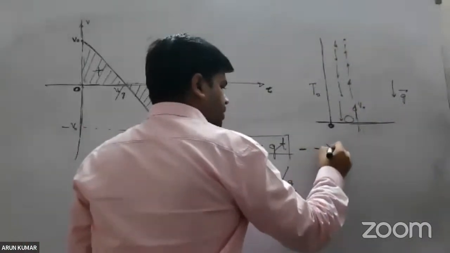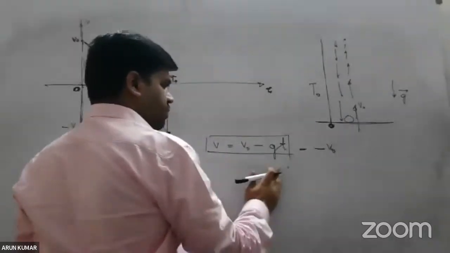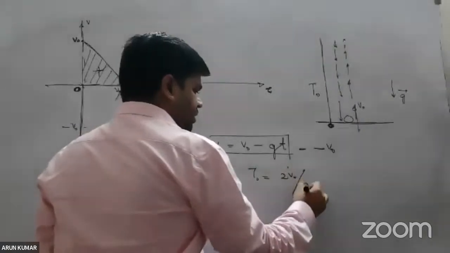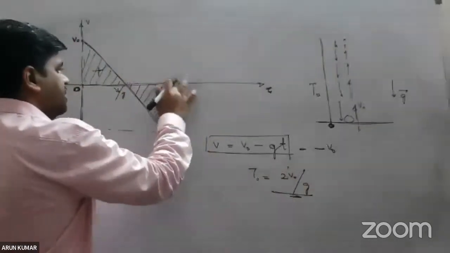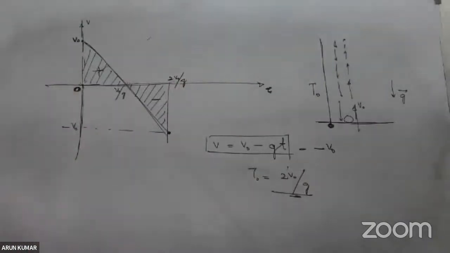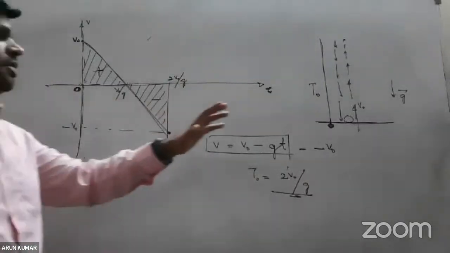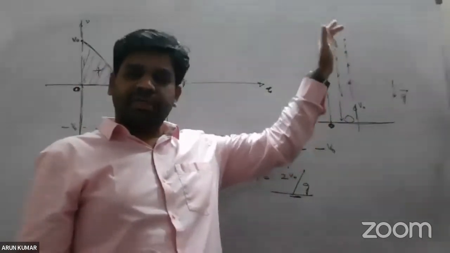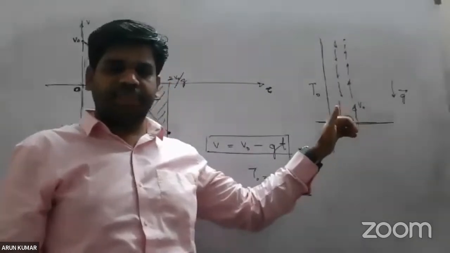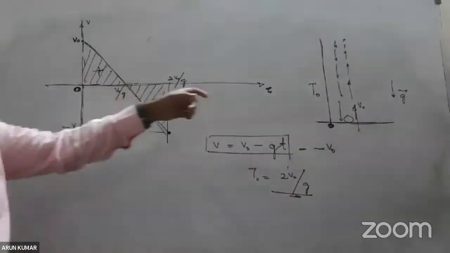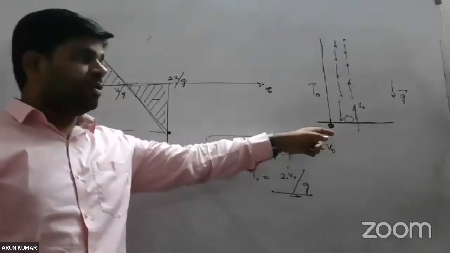I equate this to minus v naught, so t naught is equal to 2 v naught by g. Look at this, the motion is symmetric. It goes up for a time of v naught by g, and down within a time of v naught by g. So at v naught by g, it's taking a turn. That's what the graph shows, and that's what is happening in the motion.